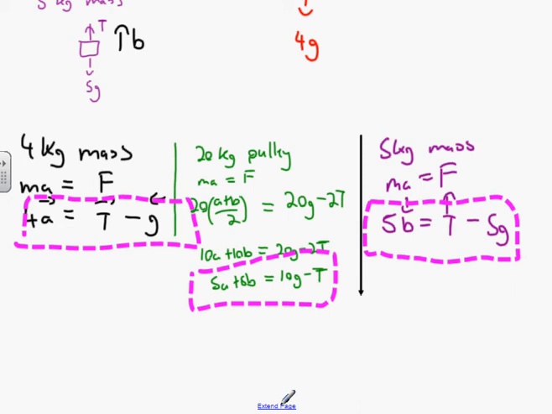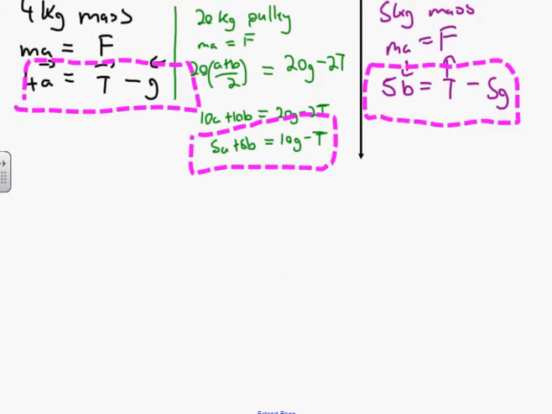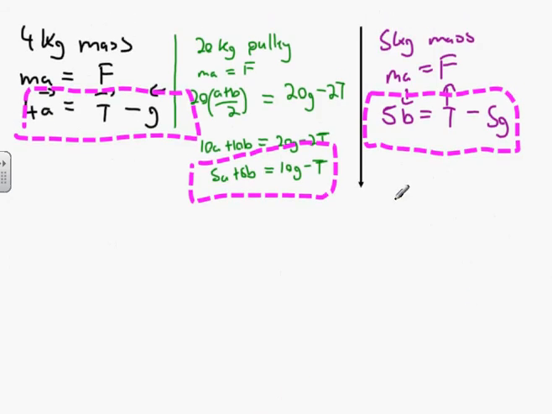So let's see if we can isolate A for a second. I think we're going to have to get rid of all the tensions for a start. Using the first one, I'm going to say tension equals 4A plus G. And then I'm going to insert that into the second equation.